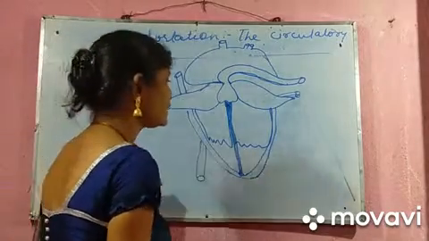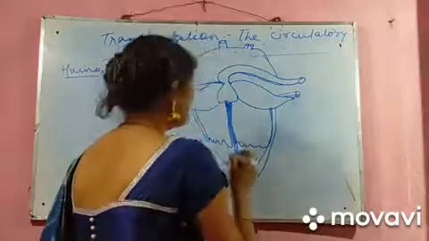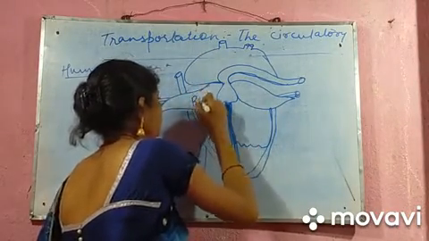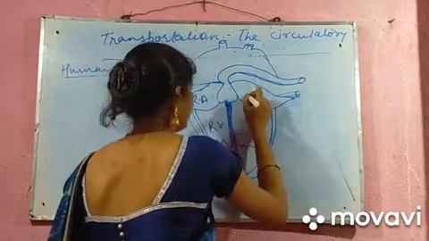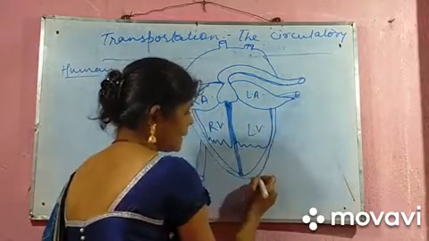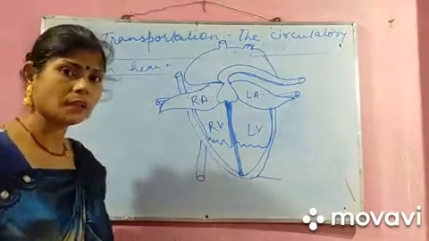So this is the rough diagram of the human heart. This is the right auricle, right ventricle, left auricle, left ventricle. This is a membrane wall structure. It is a double membrane wall structure which protects the heart.